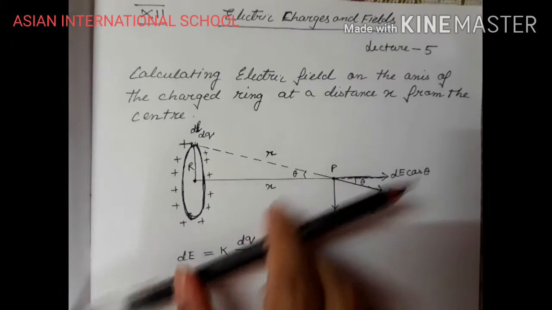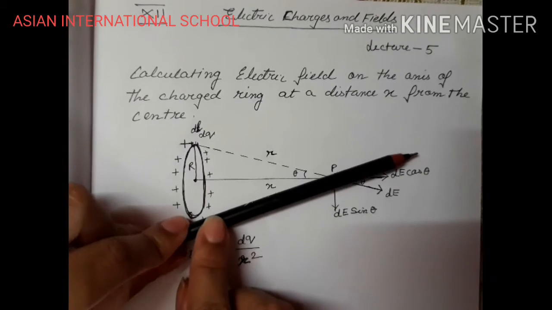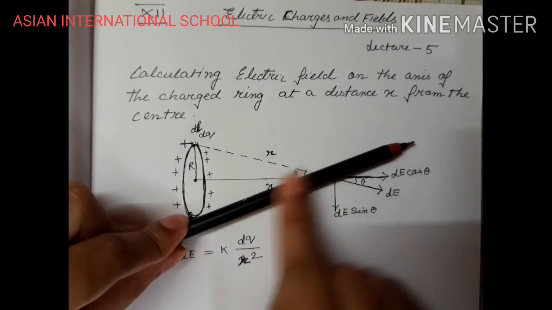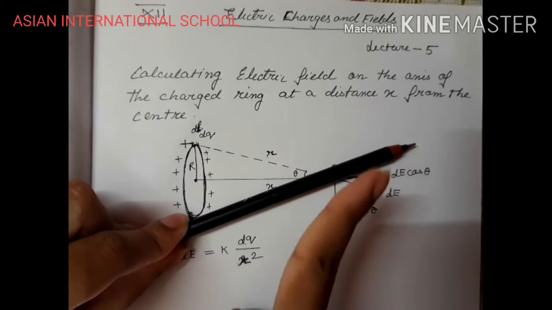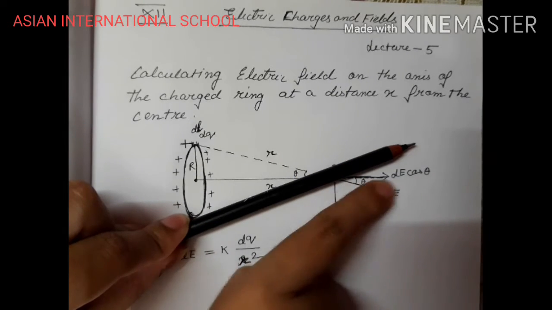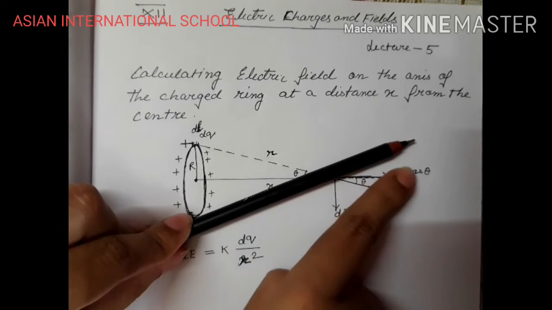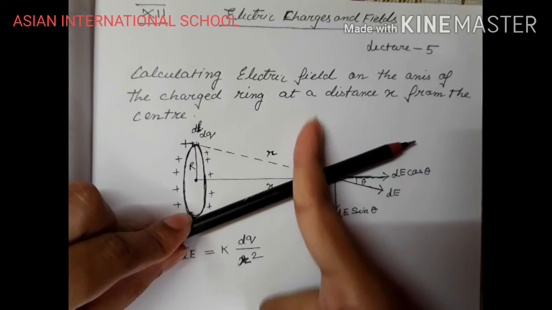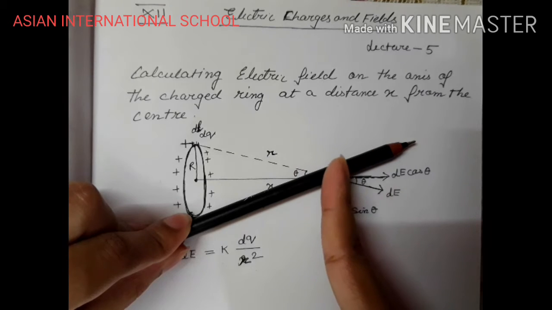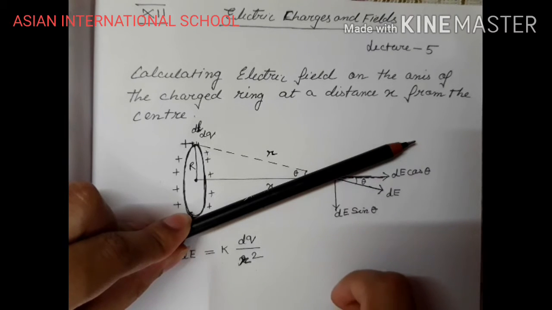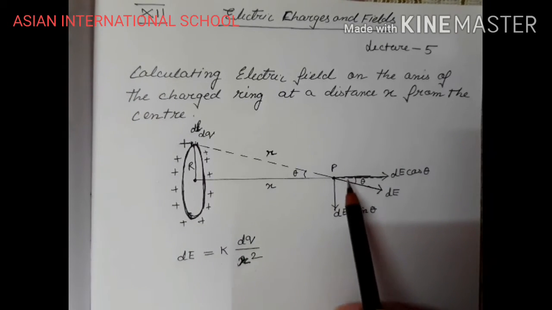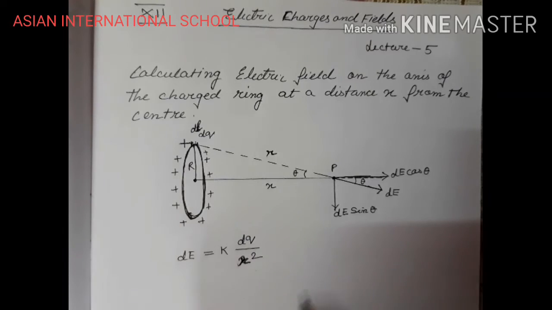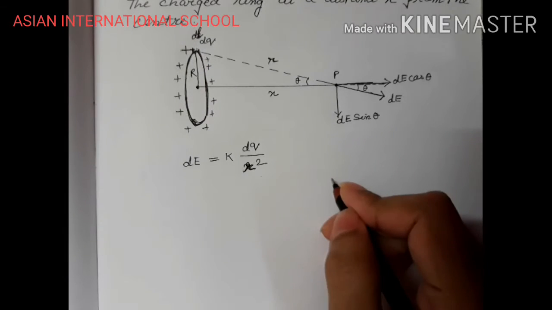In that case the direction of electric field will be this one, which again resolves into a sine component and a cos component. The cos component will remain intact, but the sine component will be upward. So the sine component can be upwards as well as downwards, which means the sine components cancel each other because of the symmetry of the ring.